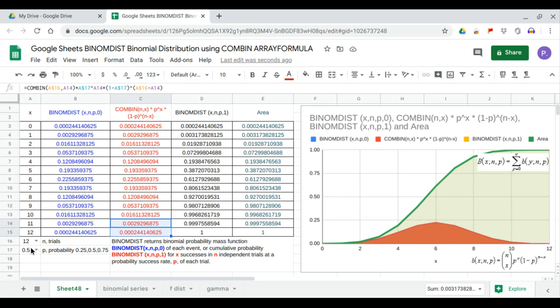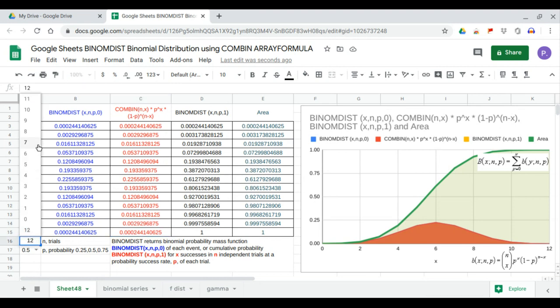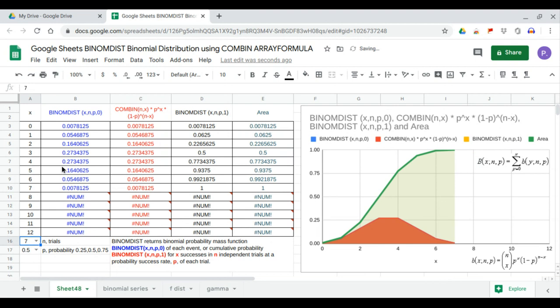I can change the number of trials to a lower value, say 7. So I'll be measuring up to a maximum of 7 independent trials at a 50% success rate. For example, at three attempts, I will have 0.27, or 27%.